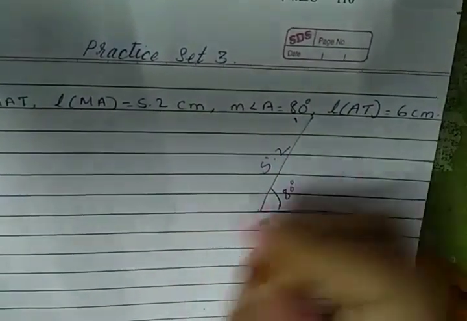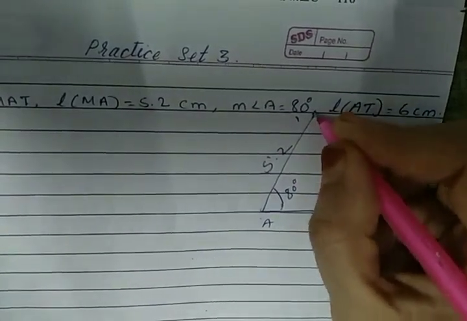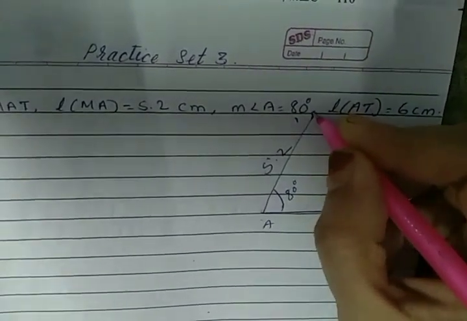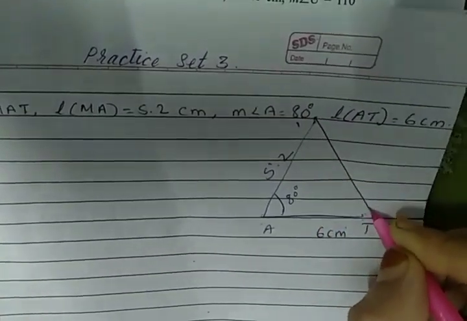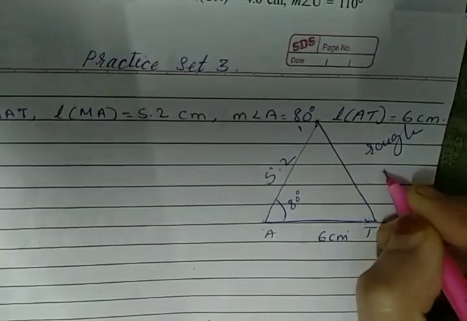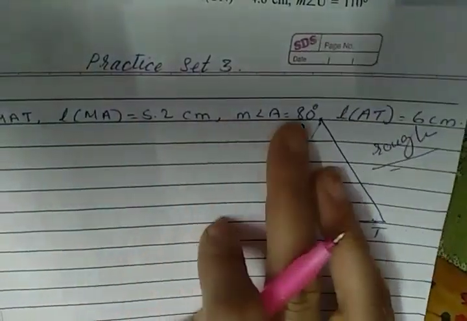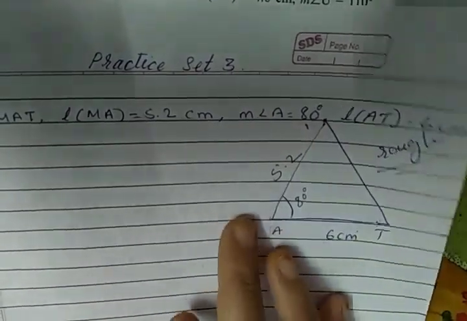So it will be like this, and wherever this 5.2 touches, then we have to draw like this. This is the rough figure. According to the rough figure and the question given, we have to draw the diagram.